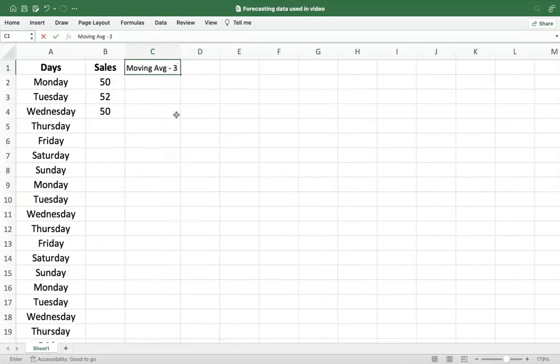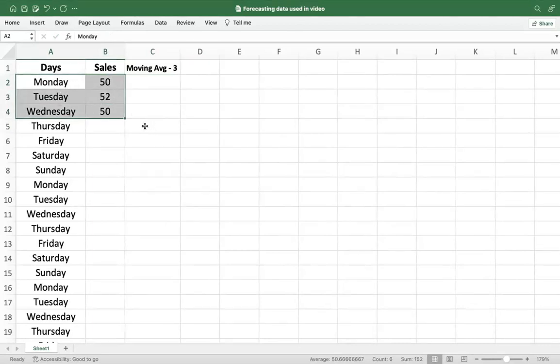A 3-period moving average means that I'll be using 3 periods, Monday, Tuesday, and Wednesday. Using the data of these 3 periods, I will calculate the average, which is the forecast for Thursday.